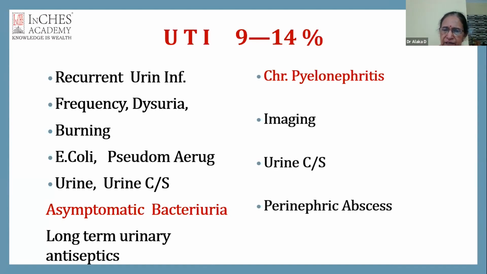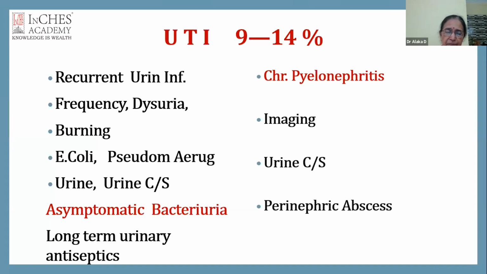Coming to chronic pyelonephritis, if the patient is getting recurrent urinary infection, please do sonography for kidney, ureters, and bladder. Recurrent urinary infection, the cause may be diabetes. That is obvious.